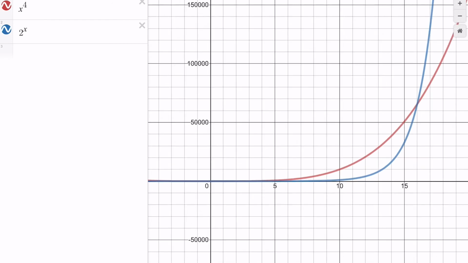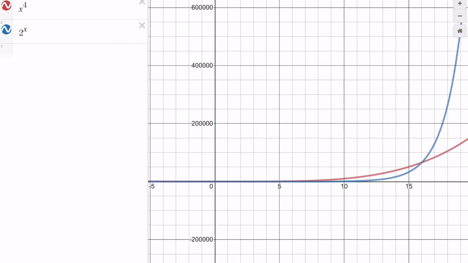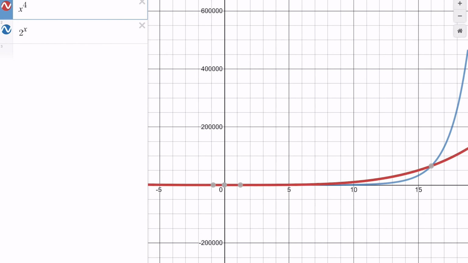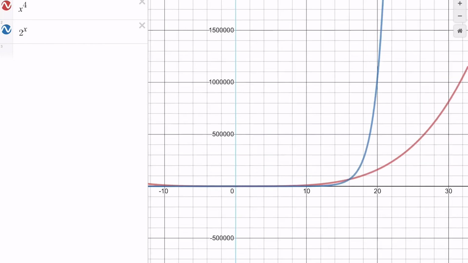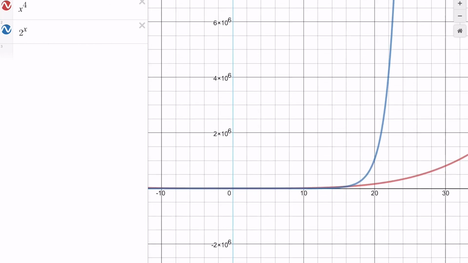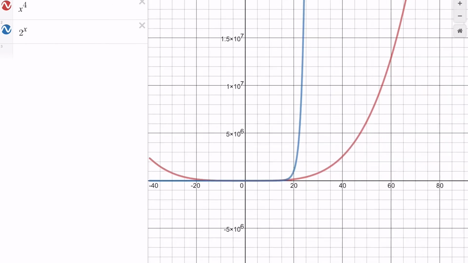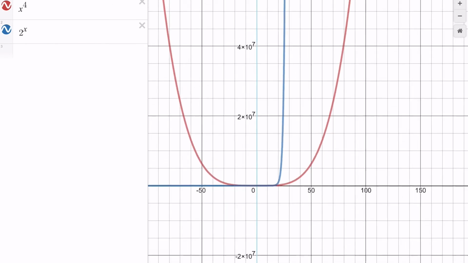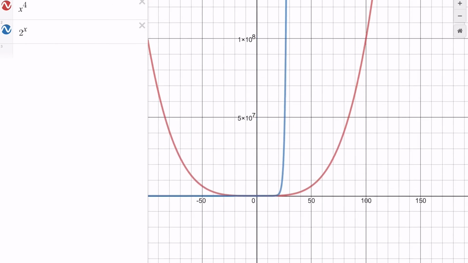The blue one takes over for a very long time. How long? Well, forever. And you can see this here as I'm zooming out and changing it, that the blue one absolutely, when given enough time, will always beat out and win.